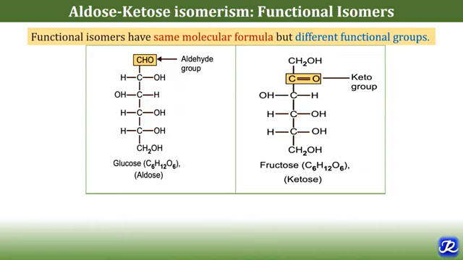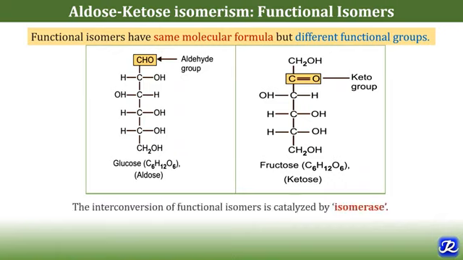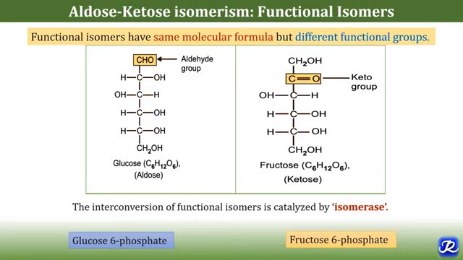Fructose is also a hexose sugar, but it contains a keto group, so it is a ketose sugar. So these are the functional isomers, and the interconversion of these functional isomers is catalyzed by the enzyme isomerase. For example, in the glycolysis pathway, glucose 6-phosphate and fructose 6-phosphate are interconvertible by the action of the enzyme phosphohexose isomerase.